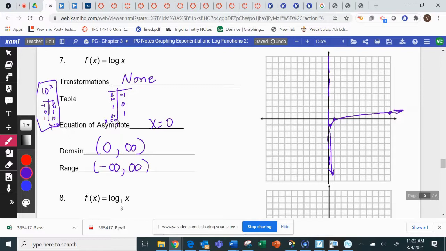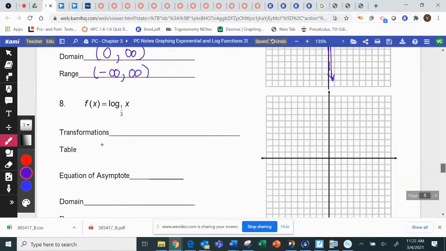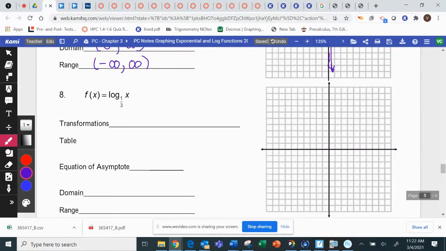Okay, number 8. So when I go to do logarithmic, first of all, there's no transformations for this one. I first think about if it were 1/3 to the x, what would that look like?